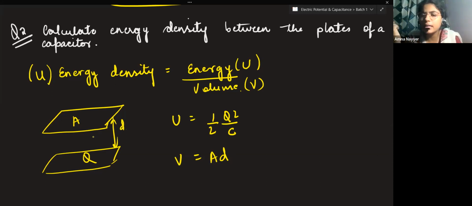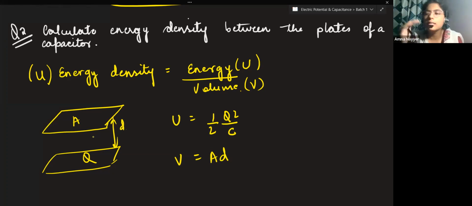Energy we have already studied, so we'll be using the energy half Q square by C. Again, this can come in the form of a derivation as well as in the form of a question. If it comes as a derivation, proceed in this manner. Energy density is equal to energy by volume. Energy is equal to half Q square by C. Then write, volume is always area multiplied by the thickness.